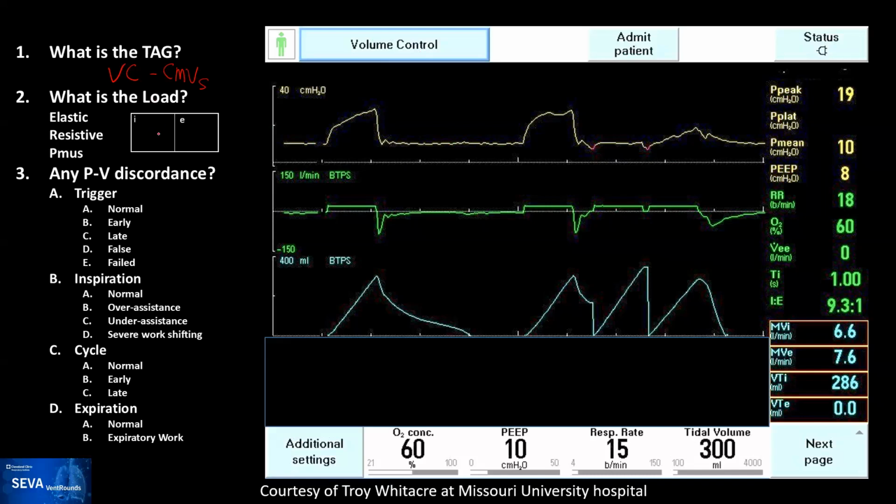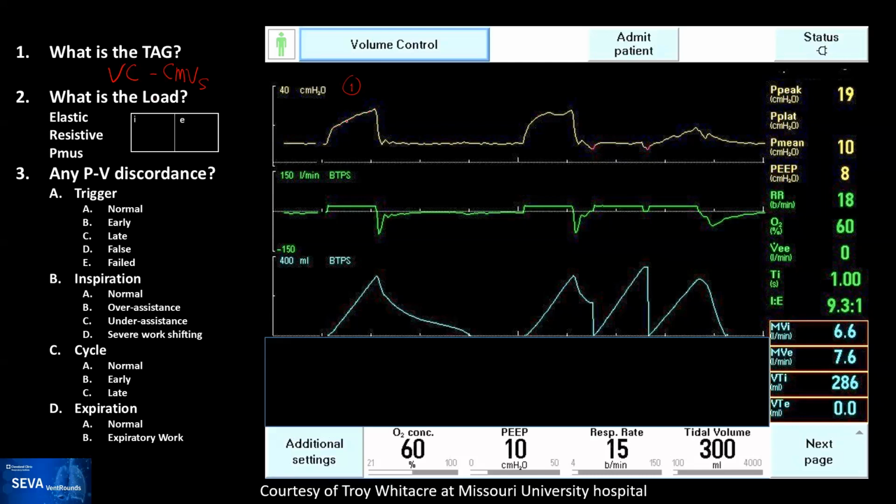Then in terms of the load, Hara, we have several people that are talking about work shifting and what's happening here. So if we go on the first breath versus the second breath versus the third and fourth breath, and I'm going to just name them here. If you see the first breath, you essentially can see the volume increases linearly, the flow is linear, and then you can see that the pressure mostly, if anything, moves in a single line.